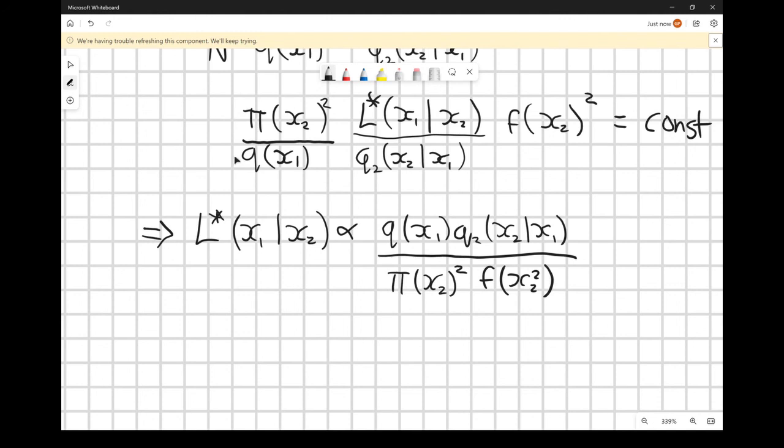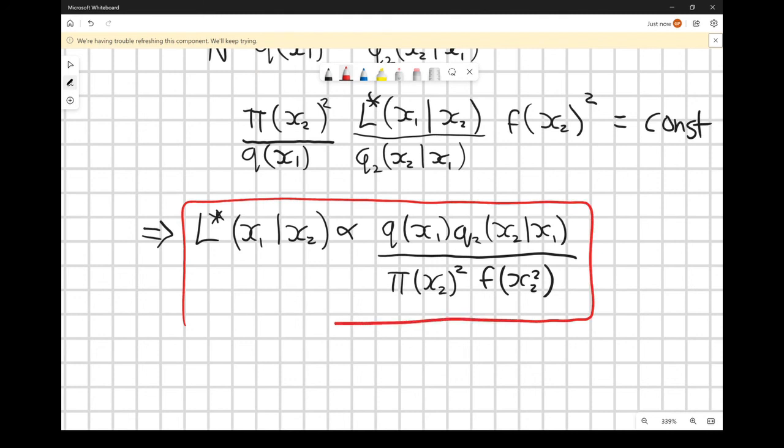And so by setting the L-kernel equal to this, and if you substitute it into here, then everything cancels and we've obeyed this relation. We know that this will always be equal to a constant regardless of the values of x1 and x2. So we finally do have an expression for the optimal L-kernel of our SMC sampler.